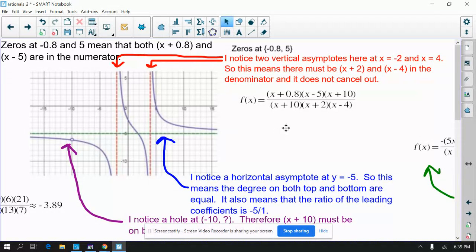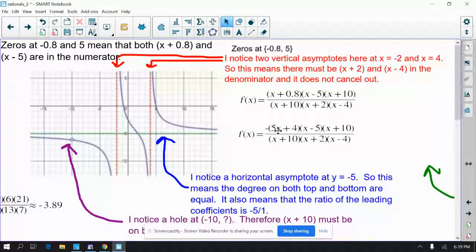Well, remember, 0.8 is the same thing as 4/5. So I can actually rewrite that as 5x plus 4. If 5x plus 4 is also another possible factor, what I really did was I just multiplied both of these by 5. Multiply x by 5, multiply 0.8 by 5, 5x, and then 0.8 times 5 gives you just 4.